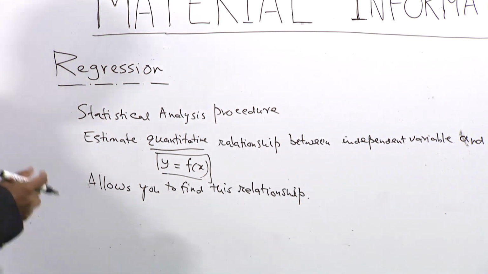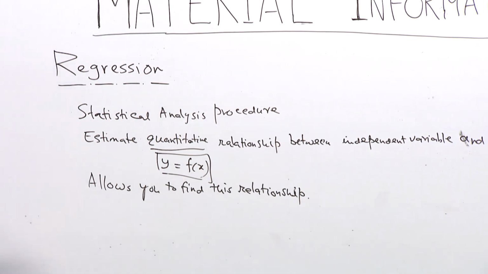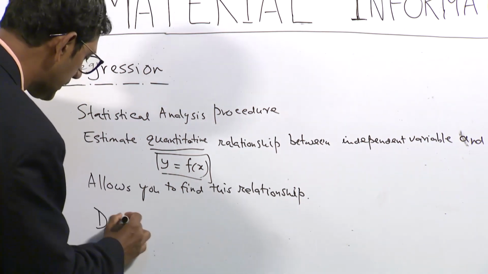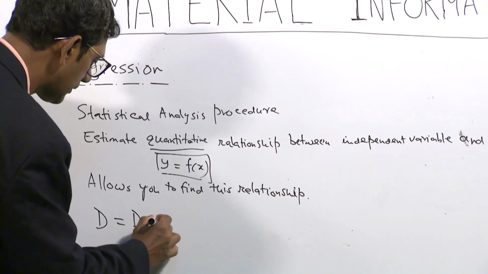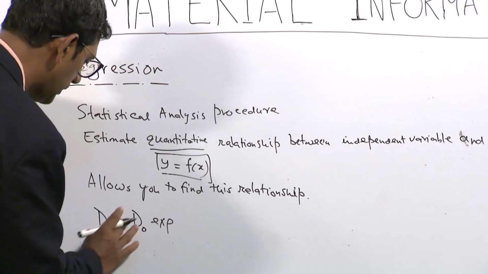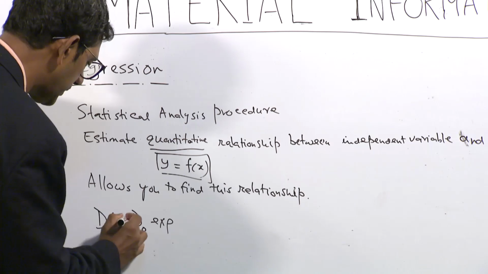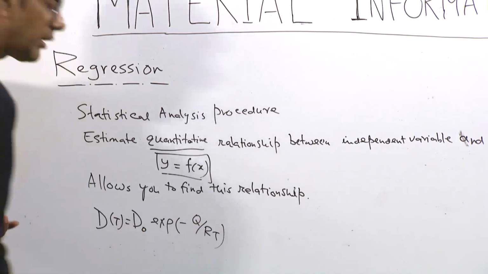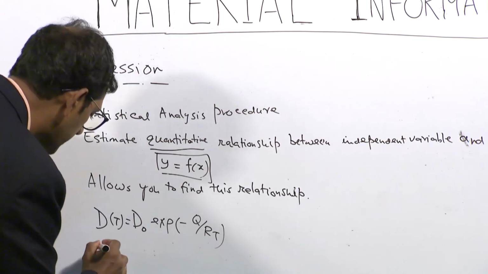So, let me take an example from materials science, that will be good. All of you know that diffusivity D has a relationship like this. Diffusivity is a function of temperature, correct? So, we can write down this expression very simply.